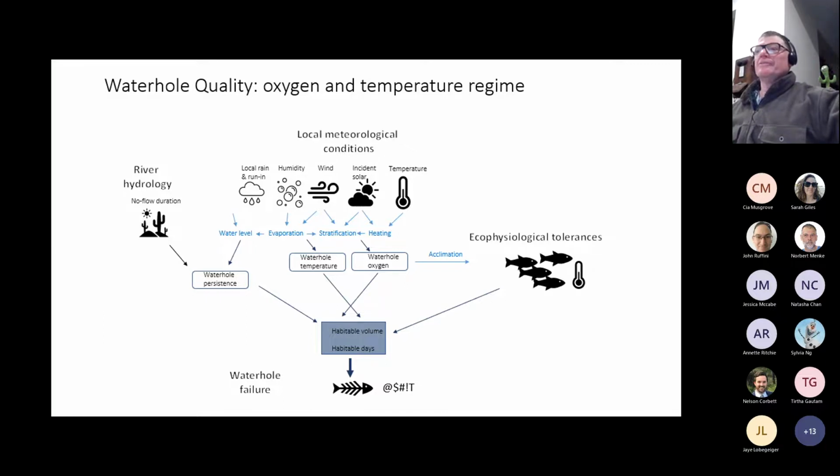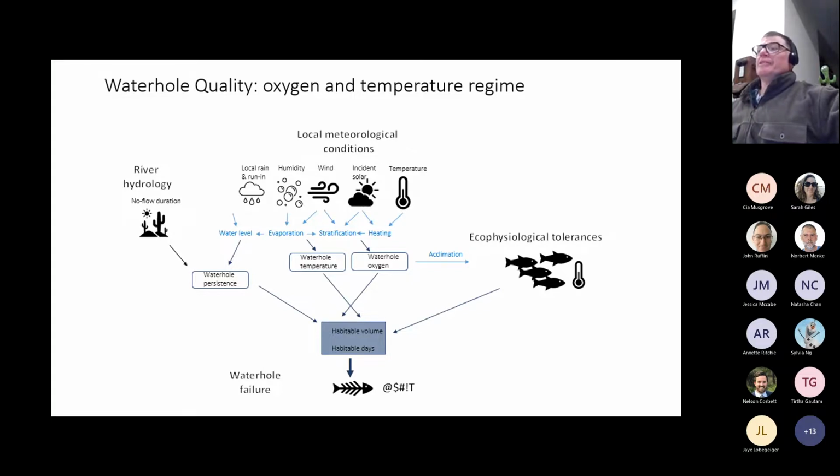We've worked with physical modelers, University of Western Australia, to integrate our data into models that can predict what's being observed. And this uses river hydrology, so cessation of flow. It uses local meteorological conditions. And then we've incorporated our understanding of persistence into there as well.